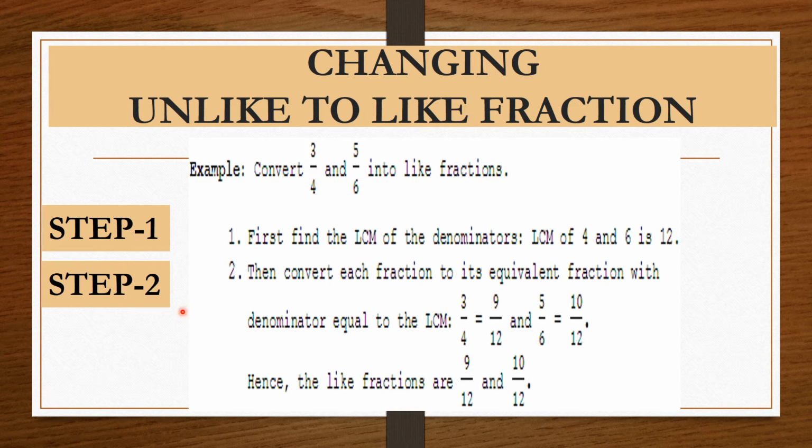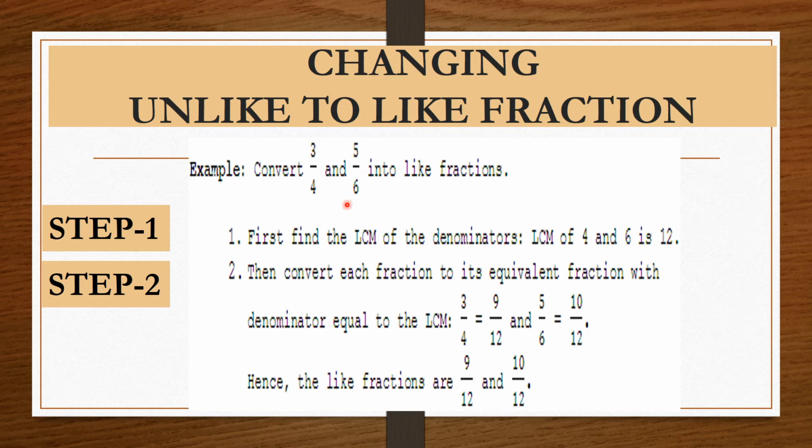Now second step, convert each fraction to its equivalent fraction with denominator equal to the LCM. So you have to convert the fractions 3/4 and 5/6 in such a way that the denominator becomes equal to the LCM.